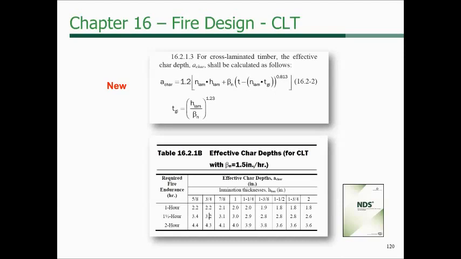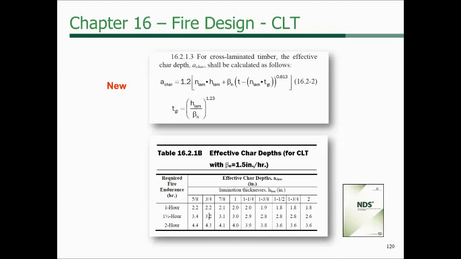For example, say you used a 2x, so all the 2x laminations throughout the depth of the member are of the same thickness, because there's a stepwise action that occurs when the cross-laminated timber is exposed, and in that stepwise calculation it assumes certain equal thicknesses throughout the depth of the member.